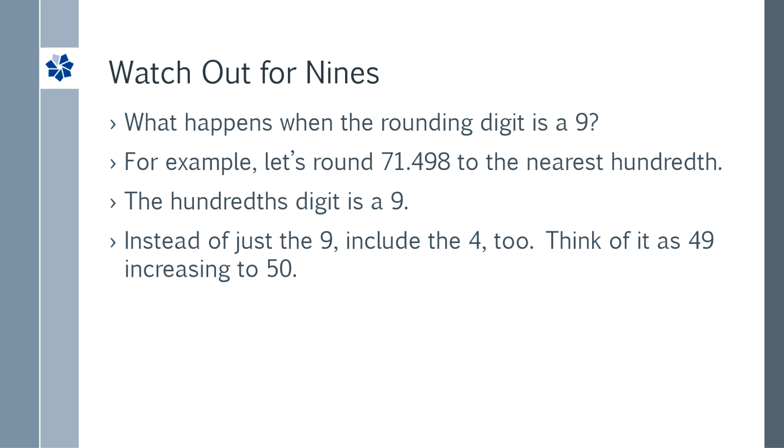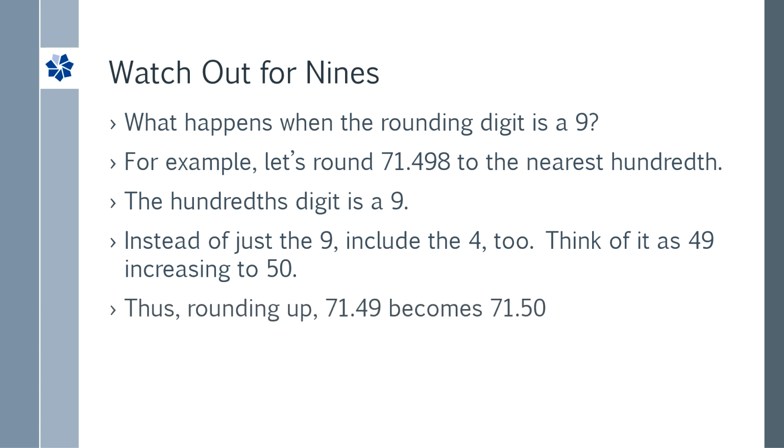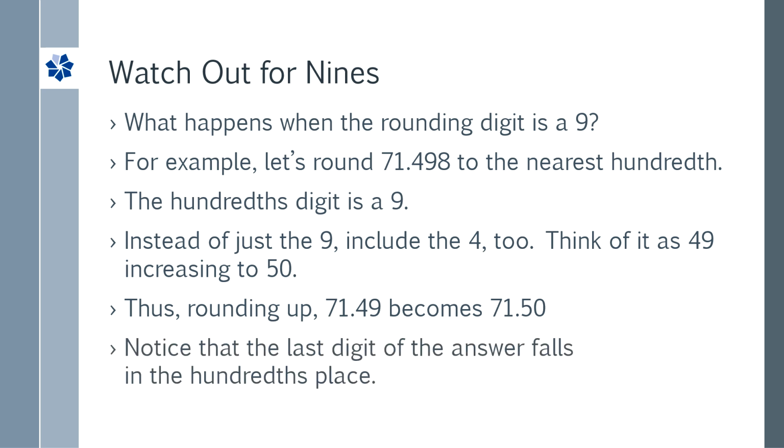If we were to round up, focus on the 4 and the 9 as a 49, and then we increase 49 to 50. So rounding up to the hundredth, 71.498 becomes 71.50. Notice that the last digit of our answer falls in the hundredths place.